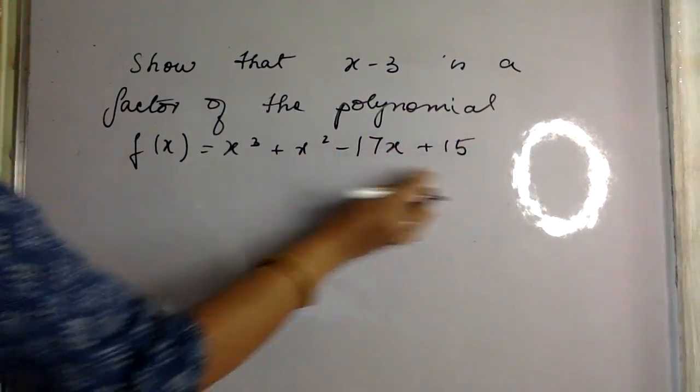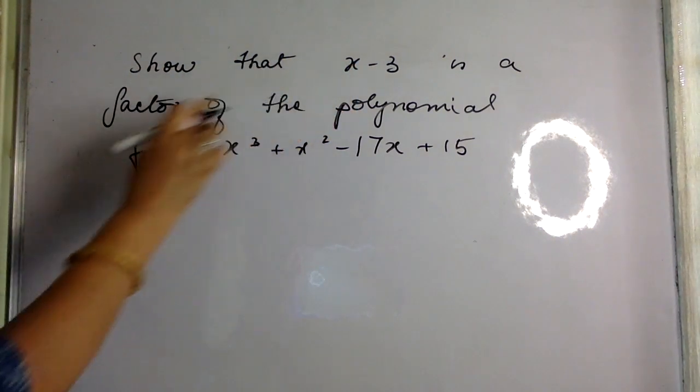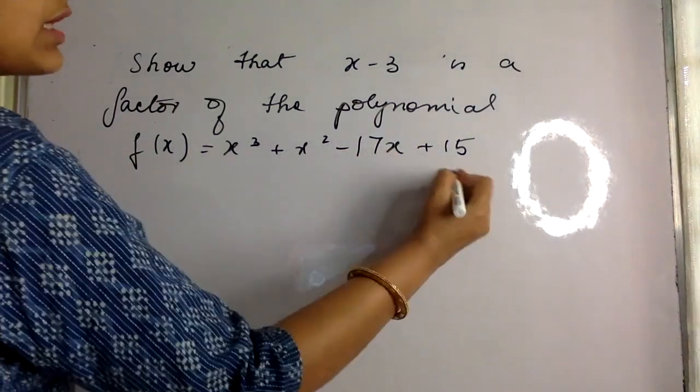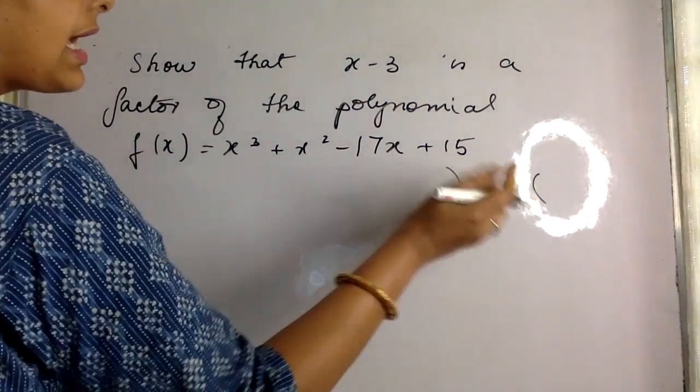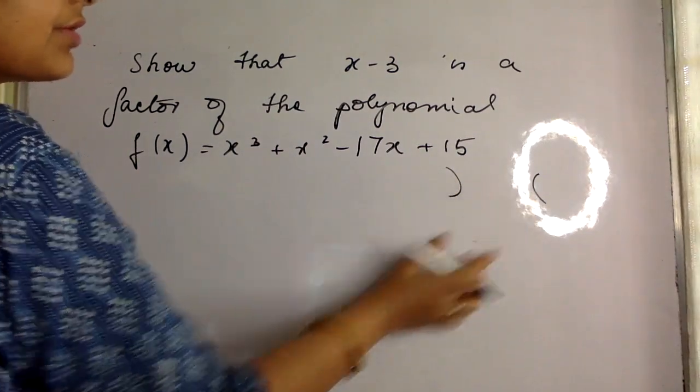This is the given polynomial, and we have to prove whether x minus 3 is a factor or not. In other words, the big one goes inside and the small one comes outside. We will try to divide this by x minus 3.